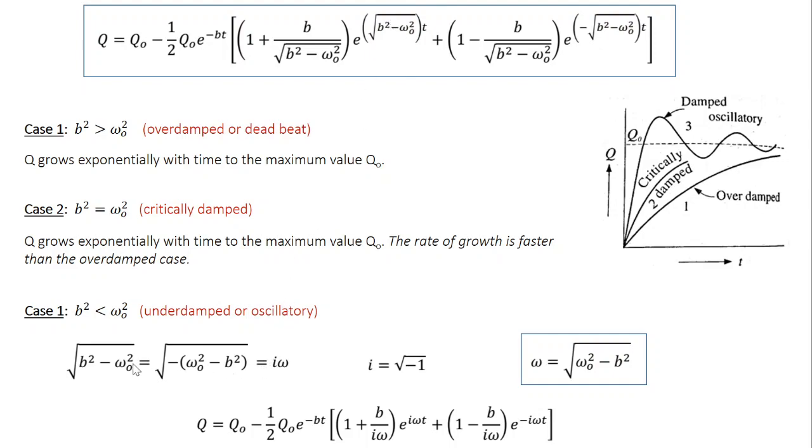So let's rewrite this equation in terms of omega now. So this term becomes i omega. So q equal to q naught minus half q naught e to the power minus bt times [1 plus b divided by i omega] e to the power i omega t plus [1 minus b divided by i omega] e to the power minus i omega t.